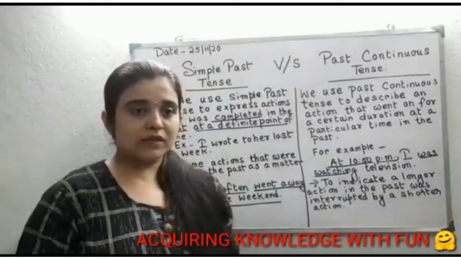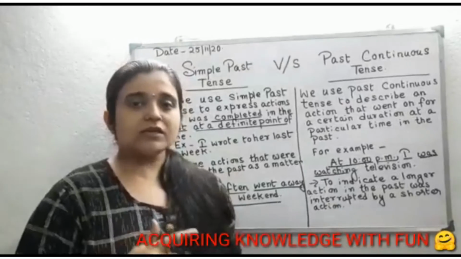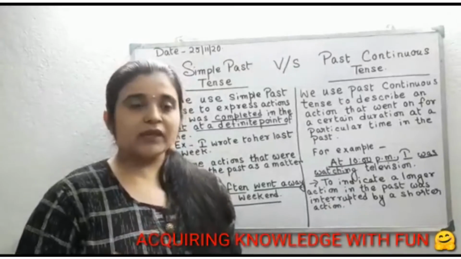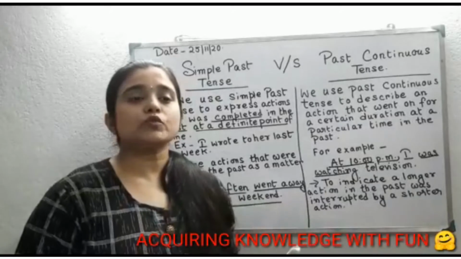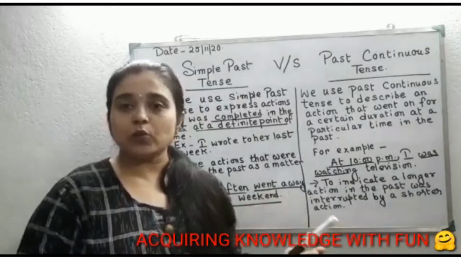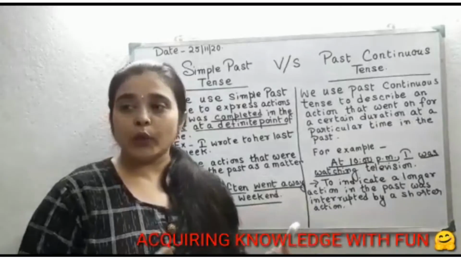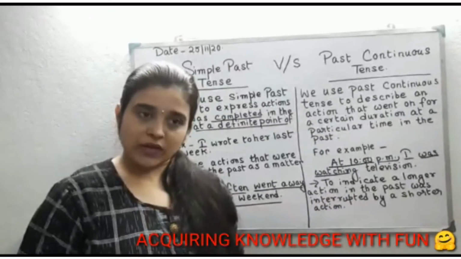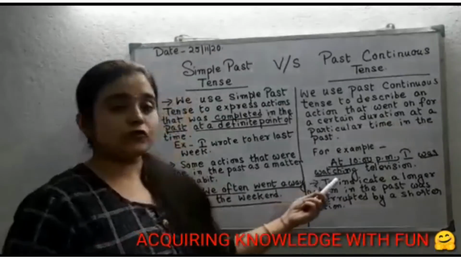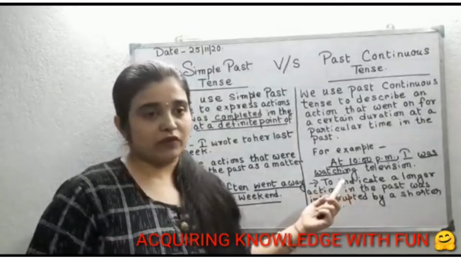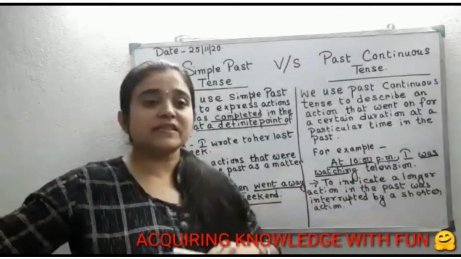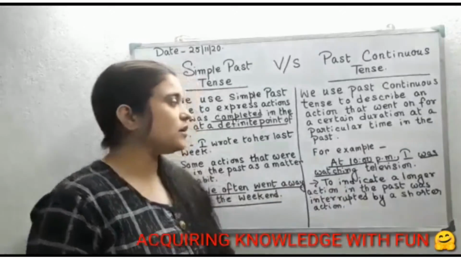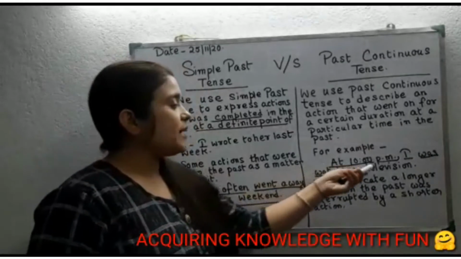I was, he was, she was, it was. And when do we use were? We use were with we, they, you. We were, they were, you were. And we have to add ing to the main verb, as we have learned while framing present continuous tense. Right? So, at 10 p.m.